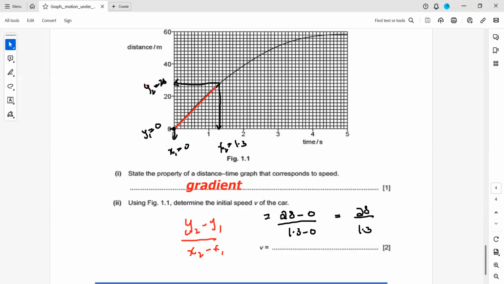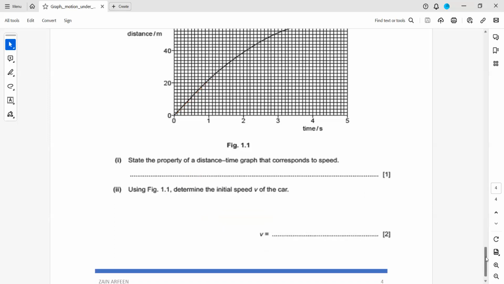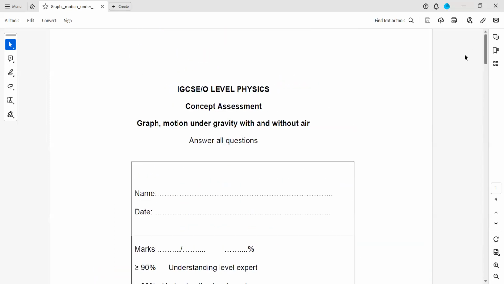It is 21.53. So the final answer you will write as 21.5 meters per second, because three significant figures. Is it clear, this one? So this was a pop quiz which was related to motion graphs.